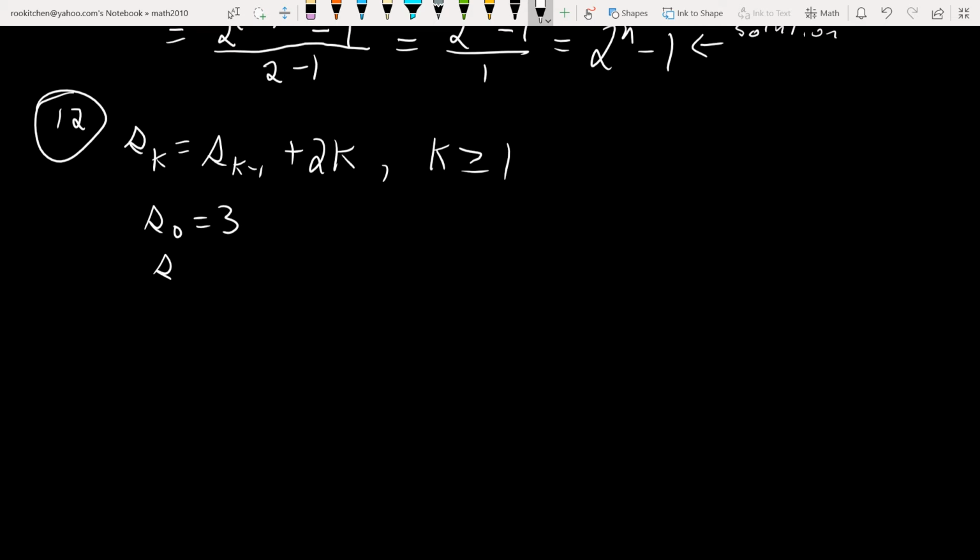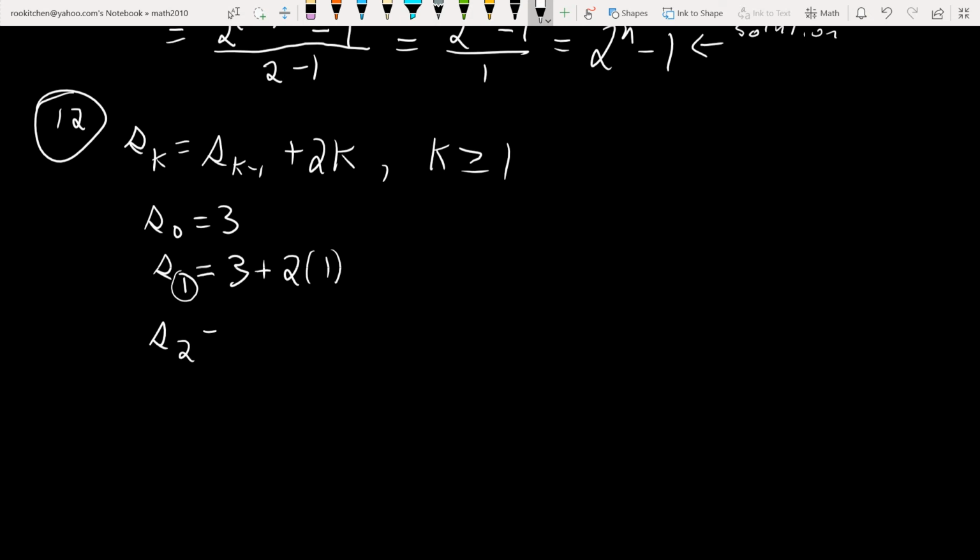Let's just start iterating, right? So s sub 1 is the previous guy, 3, plus 2 times the particular k value, which is the 1 here. So it's 2 times 1. Okay, I'm not even going to mess with the 2 times 1 part.